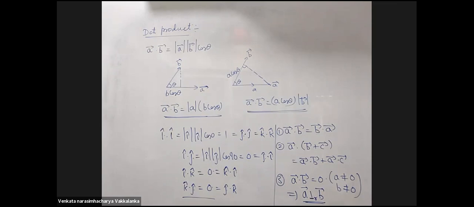Dot product of two vectors is 0. Sir, because cos theta will be 0, that is why, right? Right.